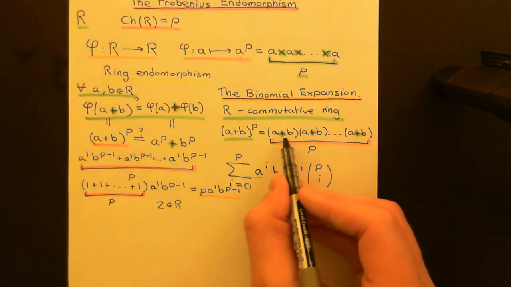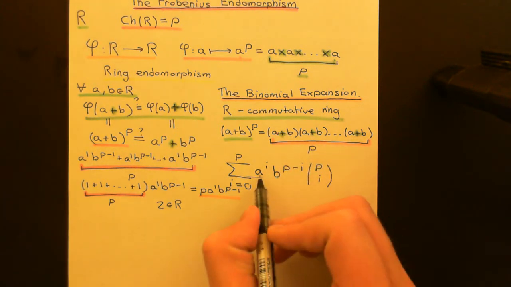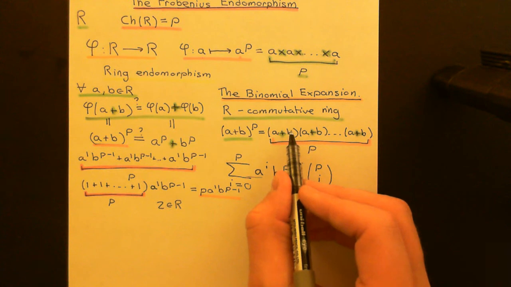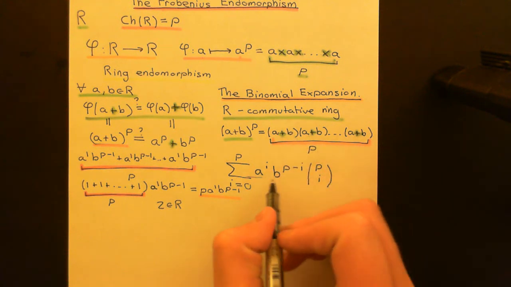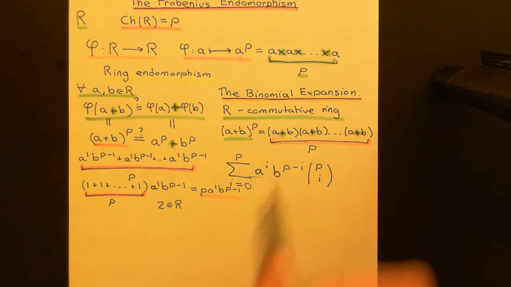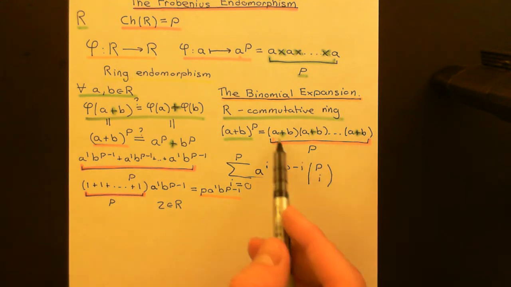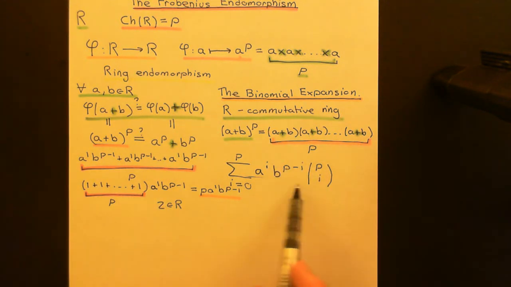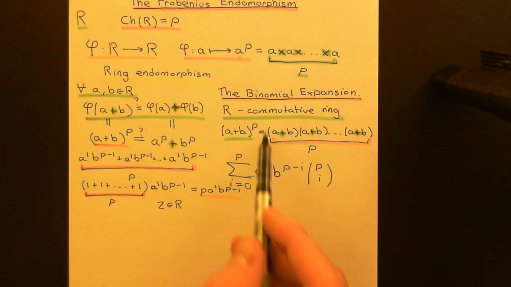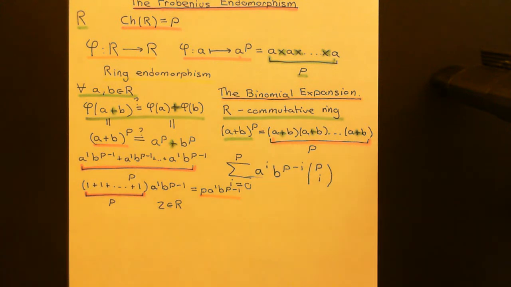You have p brackets here, and you have to choose i a's. You have to decide which of those brackets you're going to pick the a's from, and we're asking how many different ways there are of doing that, and that will be the number of different ways that you will actually form this, and therefore the number of different times you'll end up having this in the sum here.